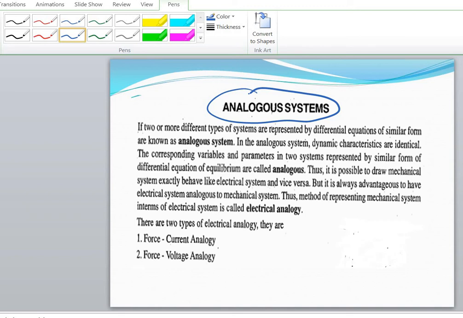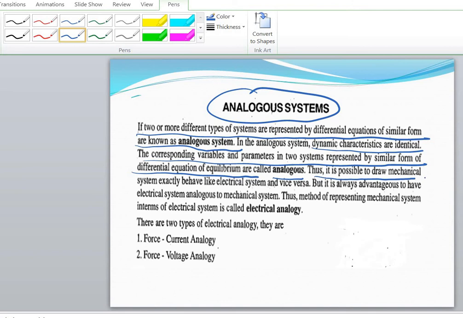Look here, if two or more types of systems are represented by differential equations of similar form, they are known as analogous systems. In analogous systems, dynamic characteristics are identical. The corresponding variables and parameters in the two systems represented by similar form of differential equation of equilibrium are called analogous.